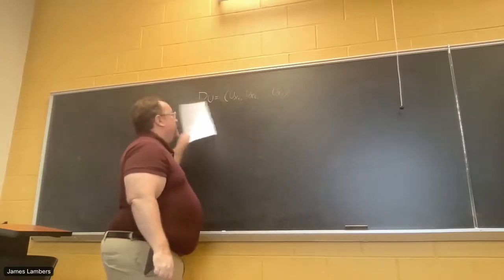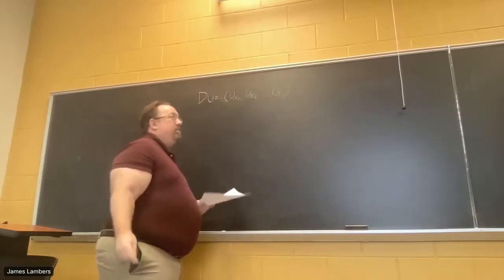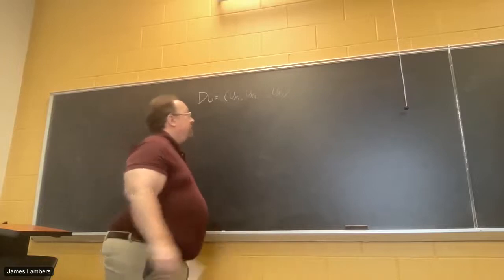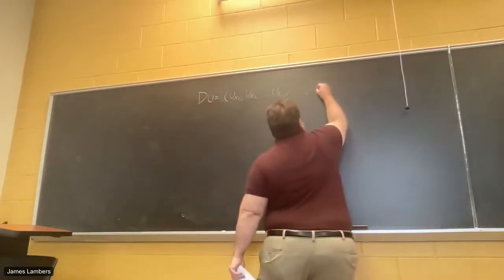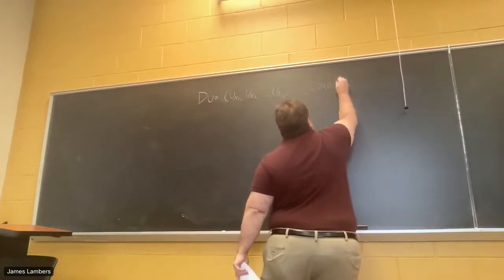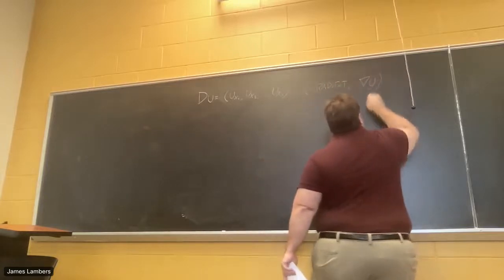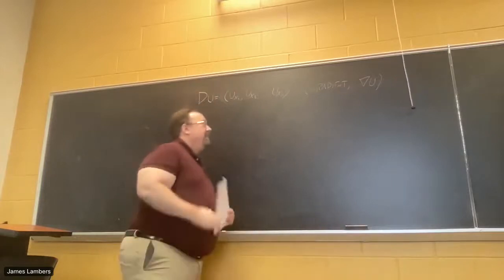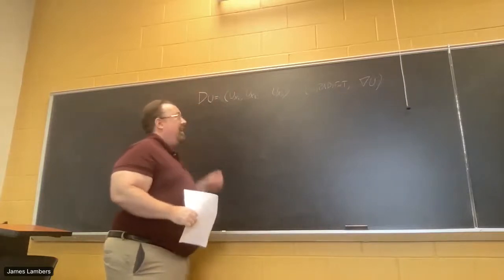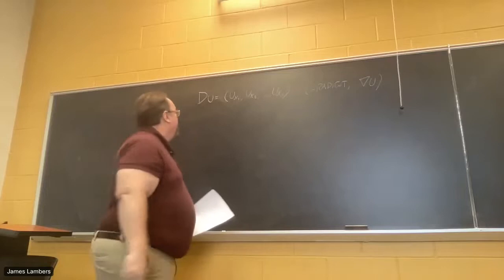Applied to a function u, what we get is a vector consisting of all those first partials, and that is referred to as the gradient, also written as this upside down delta applied to u.